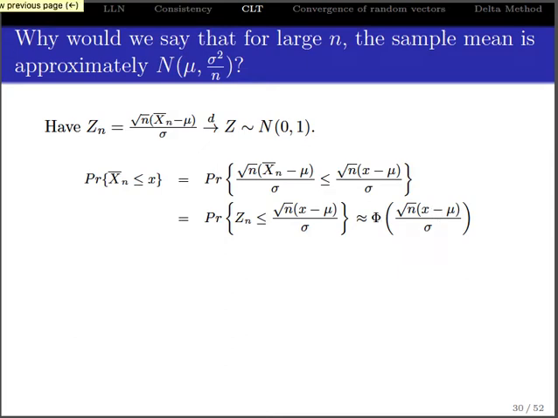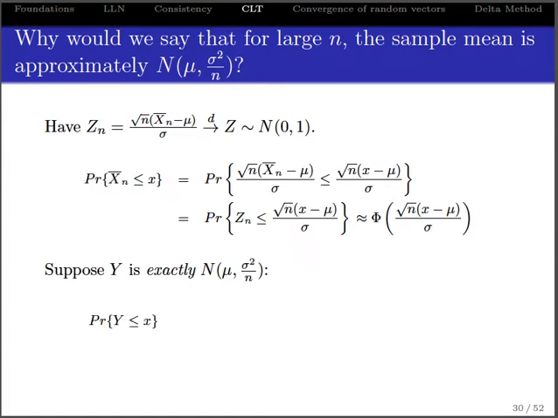Something you could figure out with a table of the normal distribution, if you had R or if you had time. But on the other hand, suppose that some random variable Y is exactly normal with mean mu and variance sigma squared over n, instead of approximately.